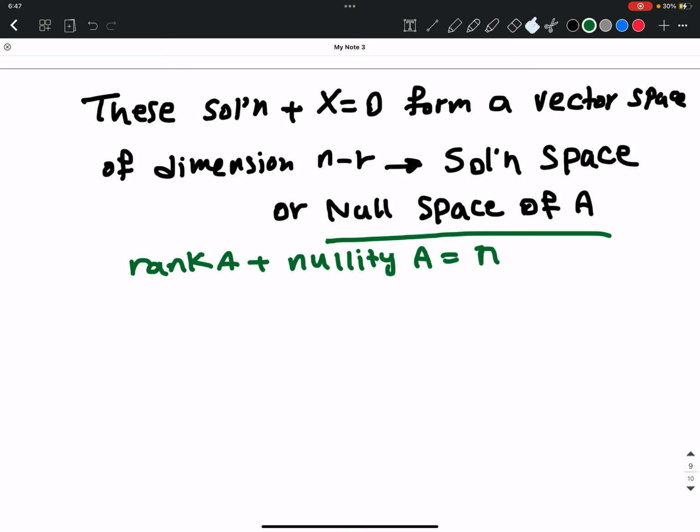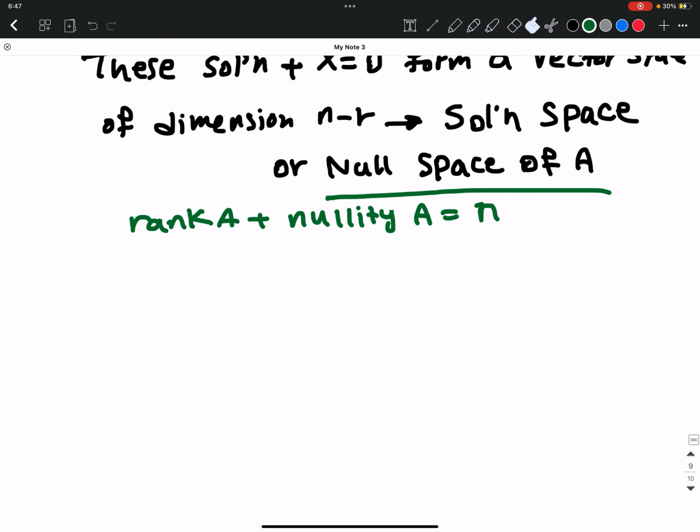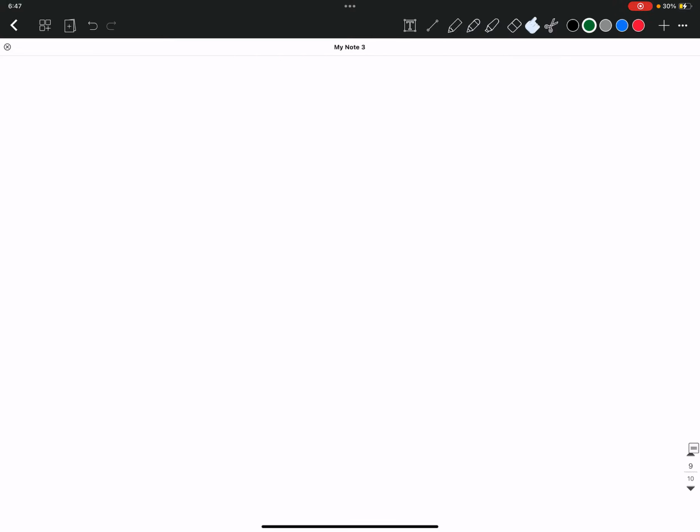Now let's talk about another important topic, and that is determinants. So what are determinants? It's a very important topic, and how do we define them?